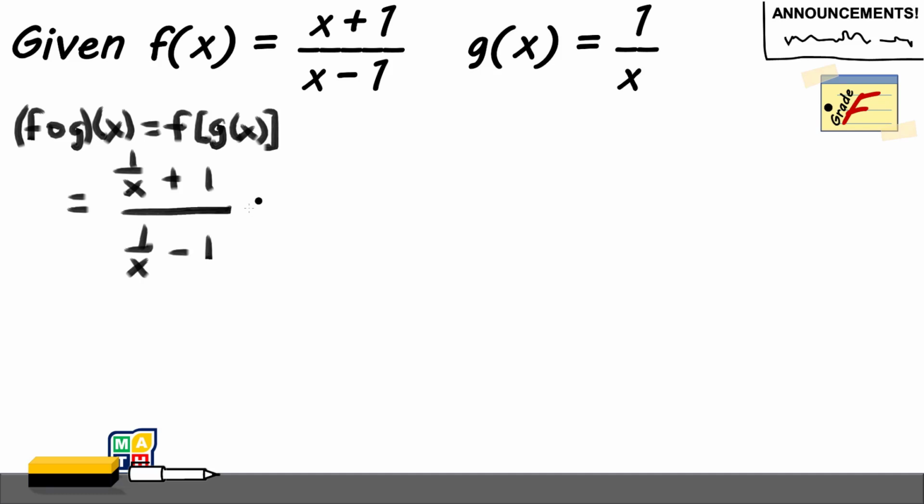Then, we are going to simplify this. How? By considering how rational expressions work. Let's try to come up with one singular rational expression for our numerator. Okay? We will treat them using LCD. This is only for the numerator, okay? Because this is all over 1, right? So, their LCD is x. X divided by x is 1 times 1.